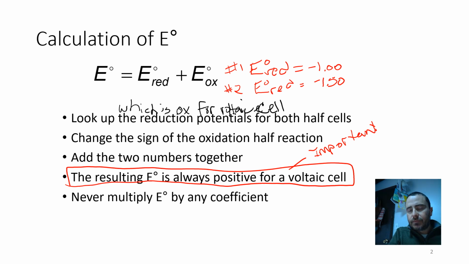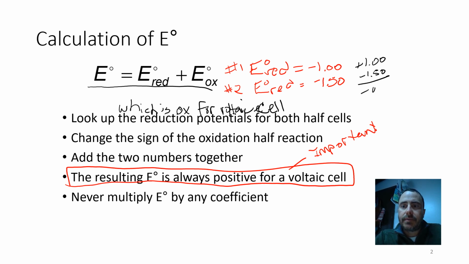Well, remember, we have to use our equation here. The reduction plus the oxidation for a voltaic cell has got to be positive. And I have to switch the sign of one of these two things. If I switch the sign of the top one, plus 1 minus 1.50 is equal to minus 0.50.